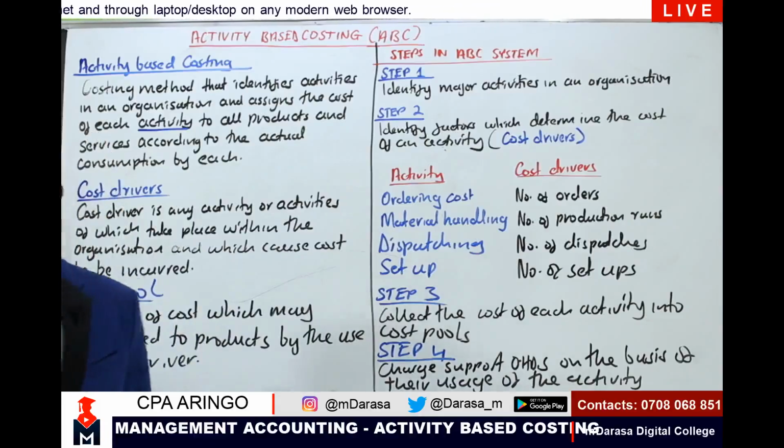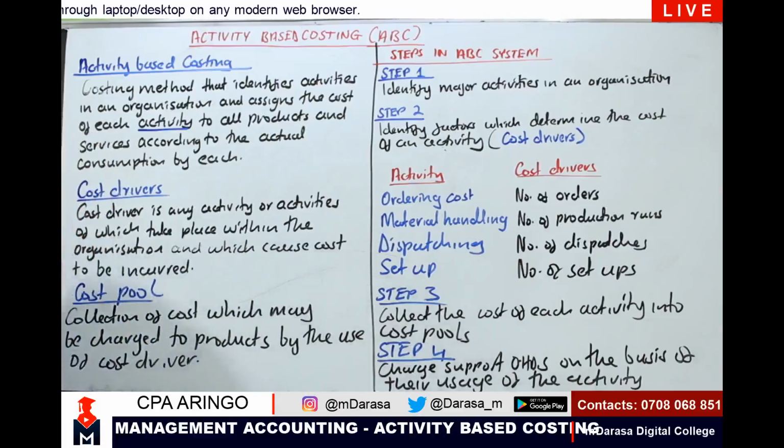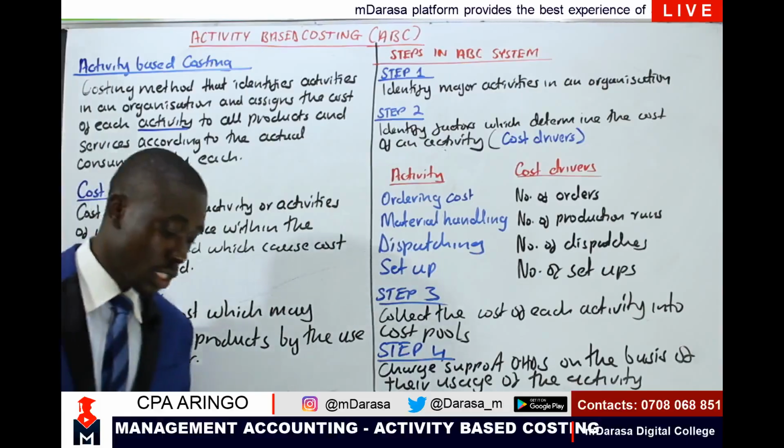Those are some of the steps that we must always consider whenever we are looking at ABC. Whenever you're talking of the usage of the activity, ideally you're talking of a product's usage of an activity. It's measured by the number of activity cost drivers it generates.